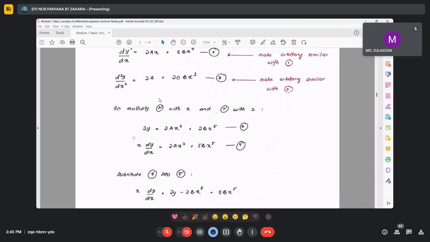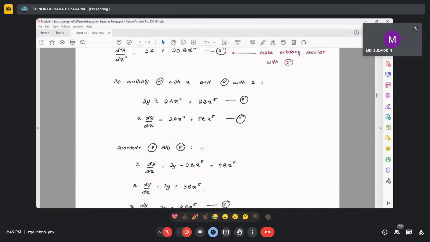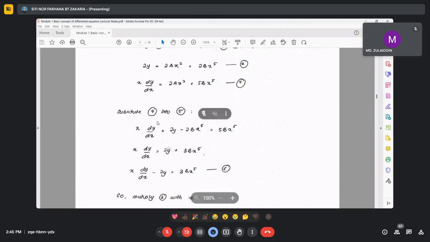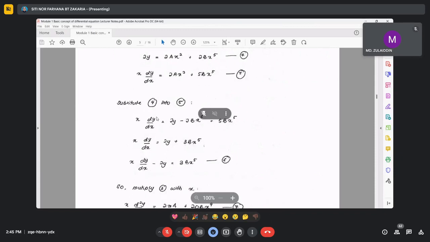So equation 4 boleh substitute masuk dalam equation 5. Why? Sebab you have 2a x power of 2 here and 2a x power of 2 here. So substitute 4 into 5 by using this one. So you akan dapat equation 6.